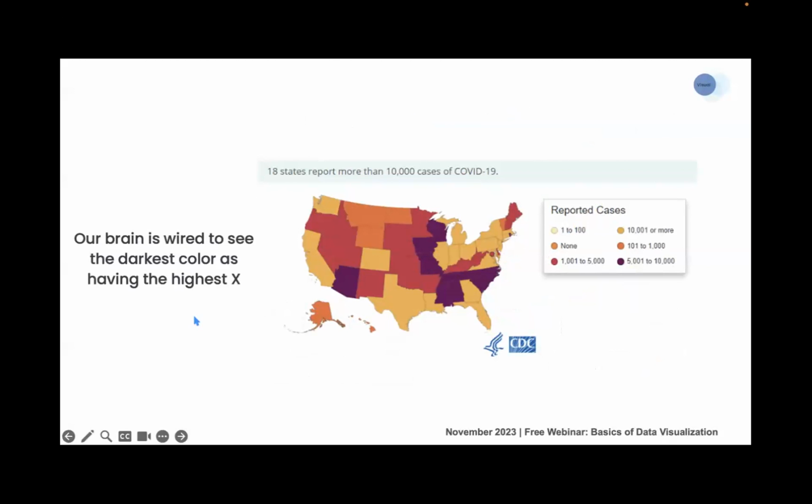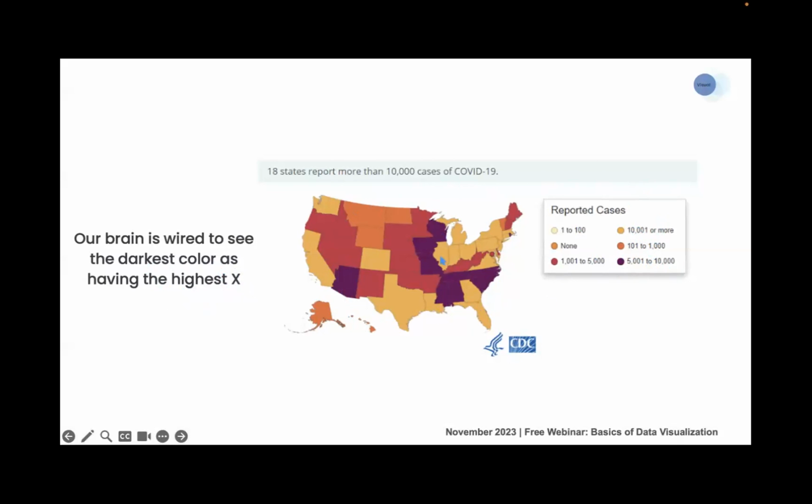When it comes to looking at maps like this, our brain is wired to see the darkest color as the strongest, the highest X. So when you look at this legend, somehow the reported cases of 5,000 to 10,000 are the darkest, some kind of purple, and 10,000 and more is a little bit lighter.